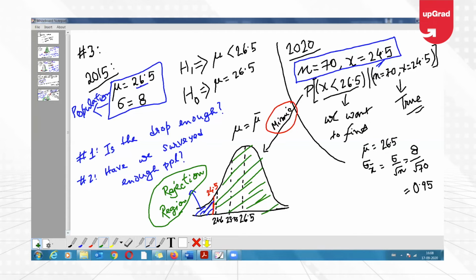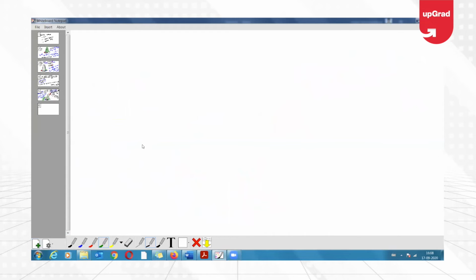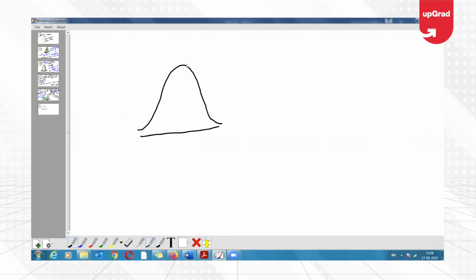For example, suppose this is the number 10, there's a number 8, there's a number 6.